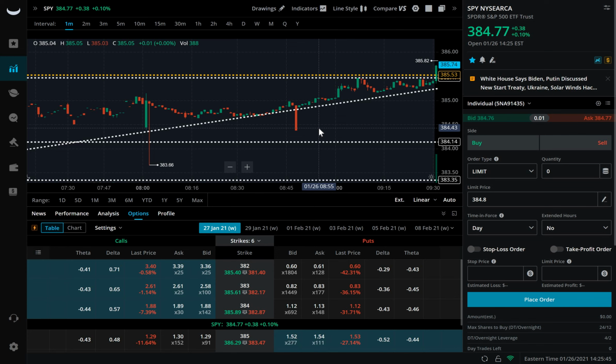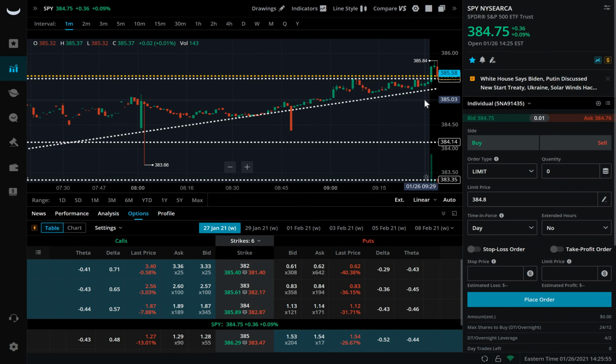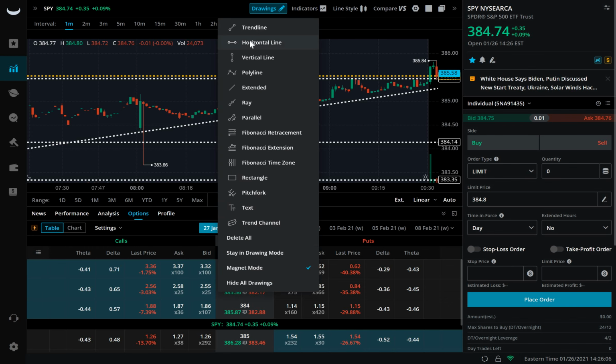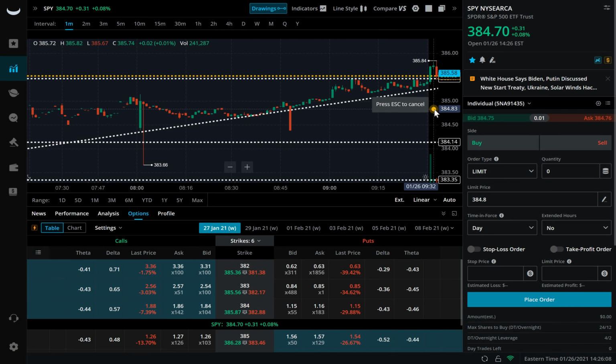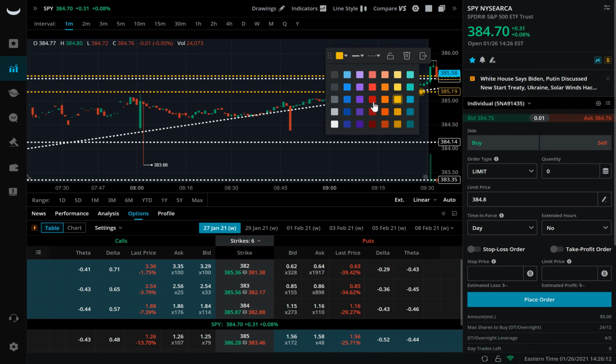And I'm going to wait for a retracement to buy. So the next candle was a doji, and it came back on the following candle. So to me, this was a good sign to enter. So I entered the trade here, and I put my stop loss. We're going to grab the horizontal tool here. We're going to make that red.